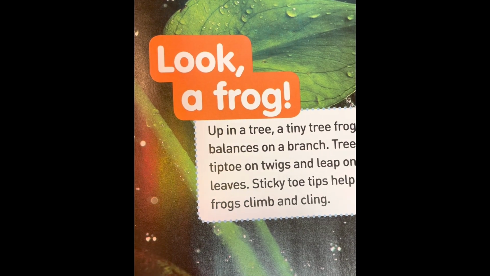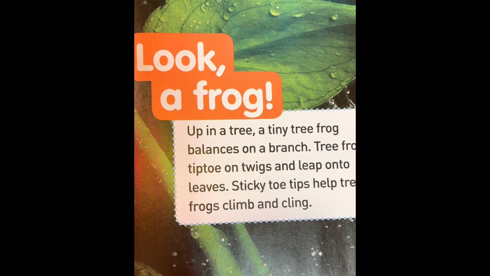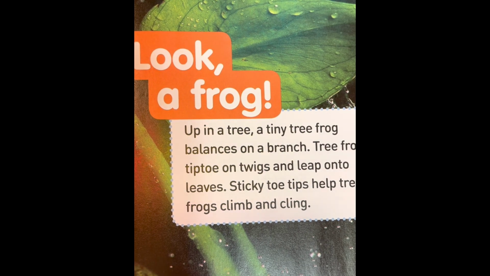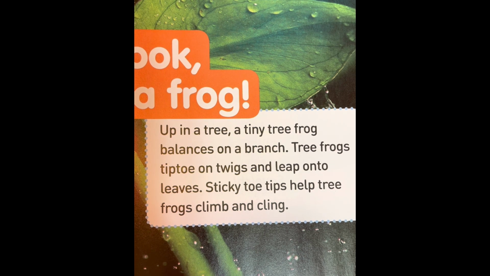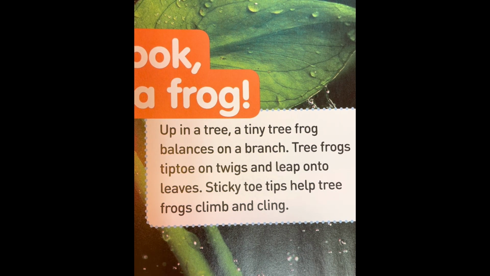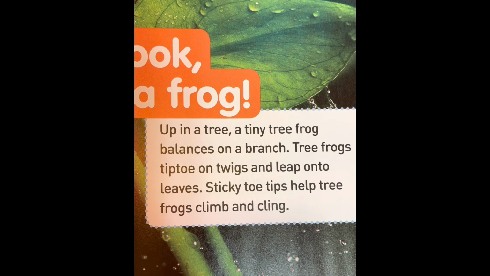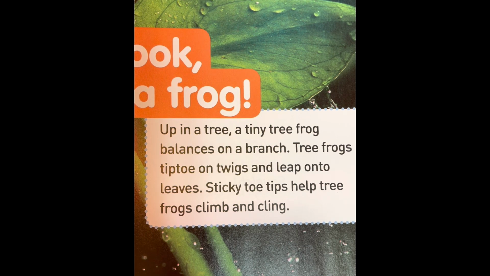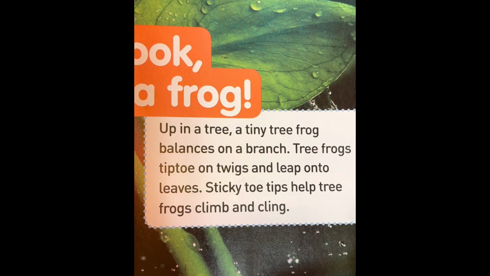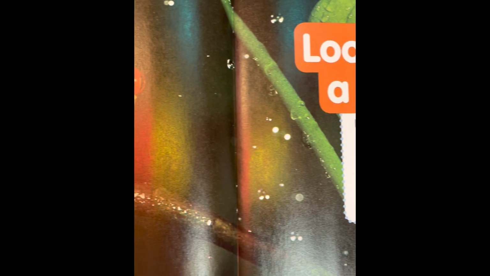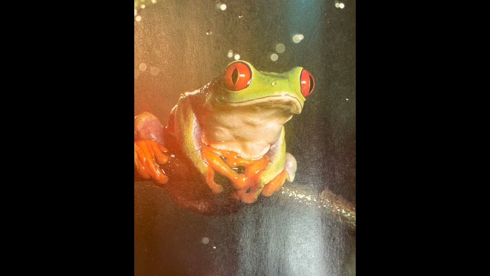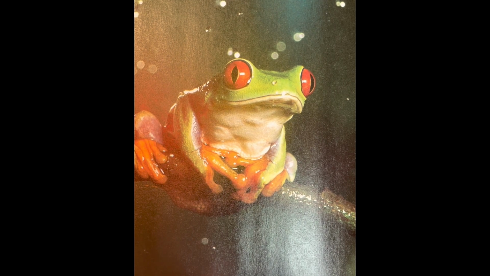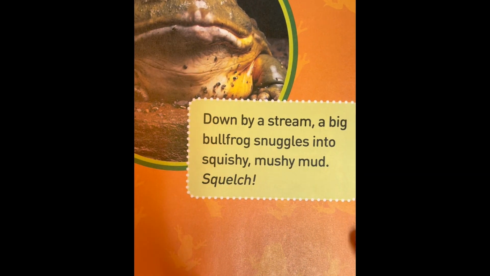Look, a frog. Up in a tree, a tiny tree frog balances on a branch. Tree frogs tiptoe on twigs and leap onto leaves. Sticky toe tips help tree frogs climb and cling. Let's look at this tree frog again. So first thing we're learning is that there are different types of frogs.